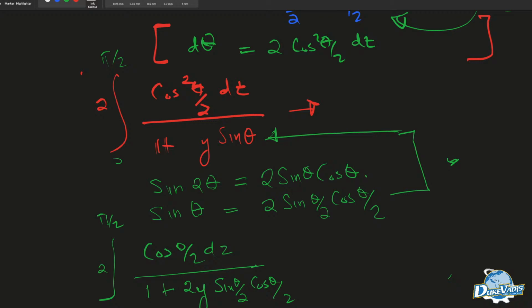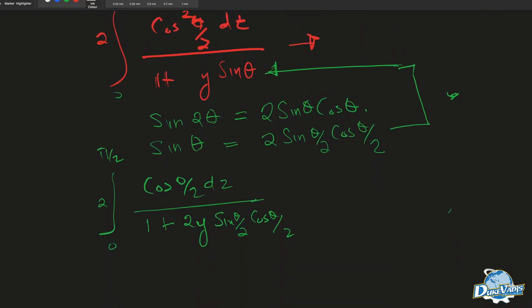Okay, right. So now let's come down here. Having this expression is good, but we can do more. So let's do a bit of factorization over here. Let's factorize cos theta over 2 out of our integration.